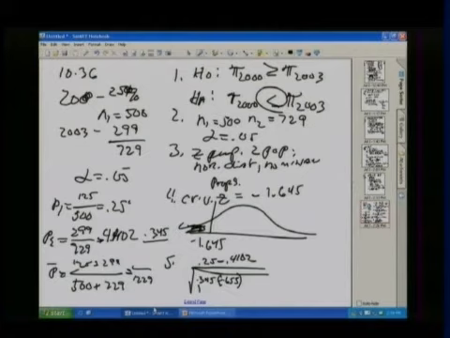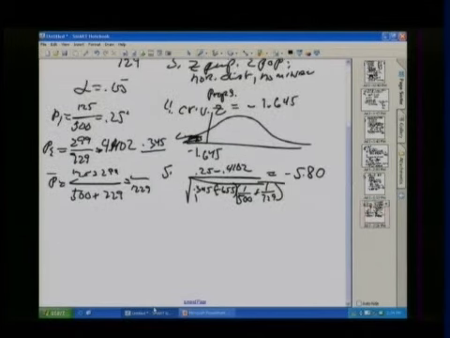And then I've got 1 over N1, which is 500, plus 1 over N2, 729. These are in parentheses, so you've got to do the part in parentheses first. Multiply 0.345 times 0.655, and multiply that by what I got in parentheses. Then take the square root and divide it into the difference up on top. So my answer there should be minus 5.80. Okay, that's my calculated value for step 5.